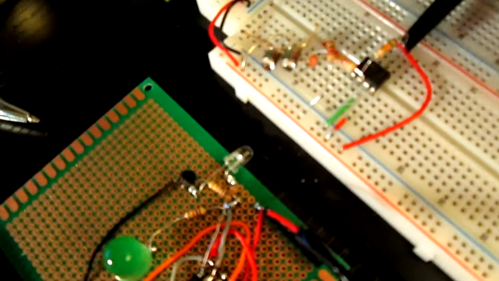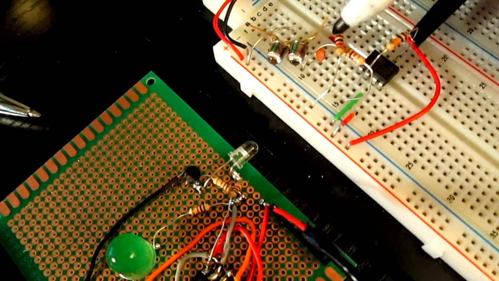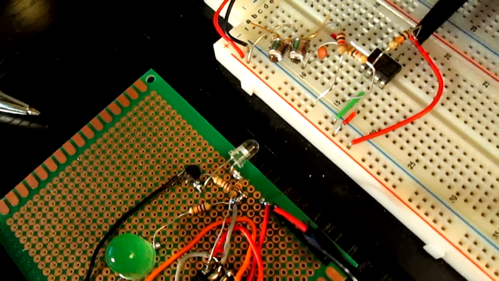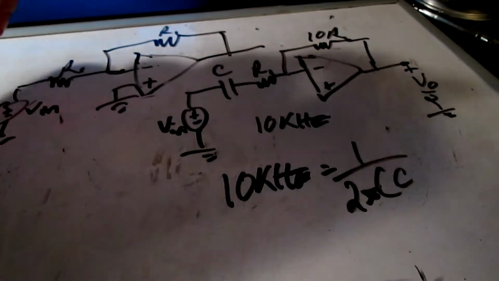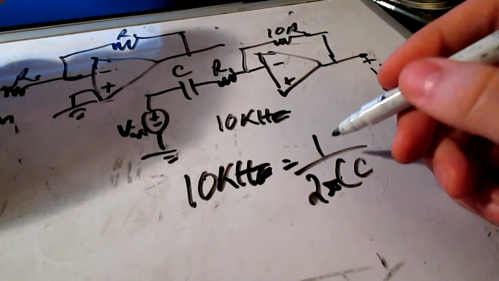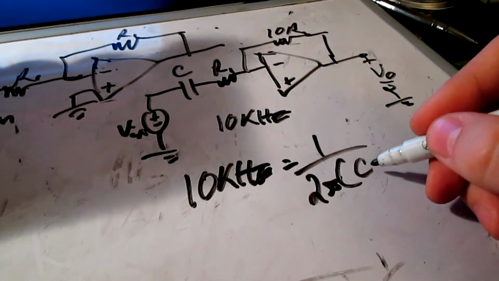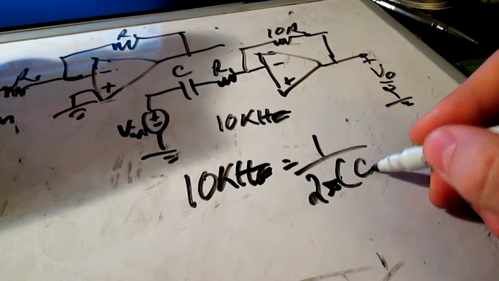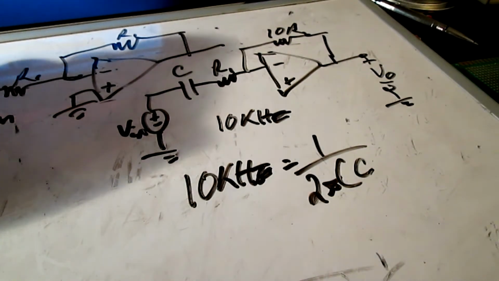If you look here, you can see we have this resistor going to ground from the emitter of our phototransistor. So we have 10 kilohertz is equal to 1 over 2 pi times C, and then whatever the capacitor sees.